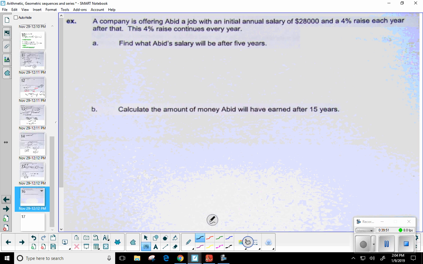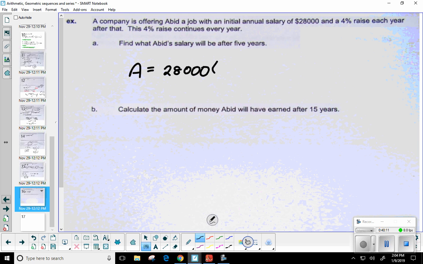So if we look at this from an exponential point of view, the amount equals, well, what are we starting with? 28,000, that's my initial, times what would my base be? Not 5, that's the time. 4%.